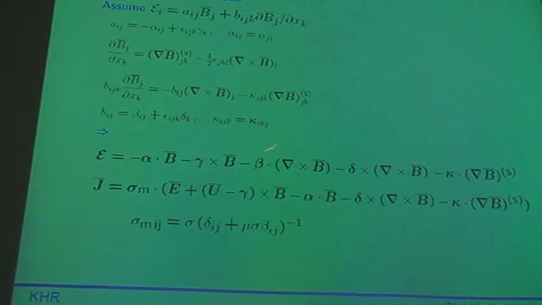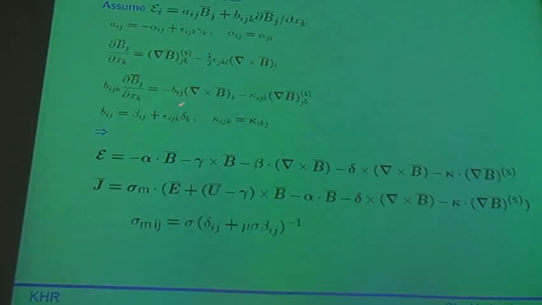Yes, that's it. You can split the alpha ij into a symmetric part, which I called alpha ij, and an antisymmetric part, which you can represent by epsilon ijk times the vector gamma. You can split the gradient tensor of B into a symmetric part and an antisymmetric part given by epsilon times a vector. And if you elaborate this, you see that this vector is essentially the curl of B. Then consider this term.